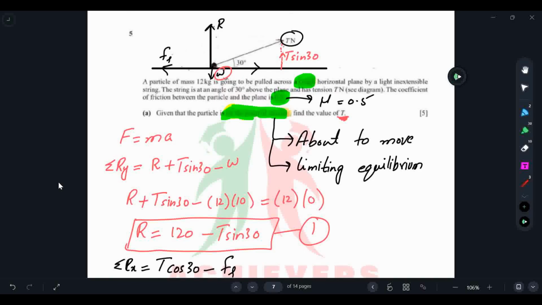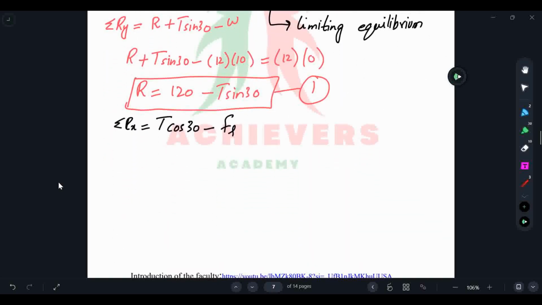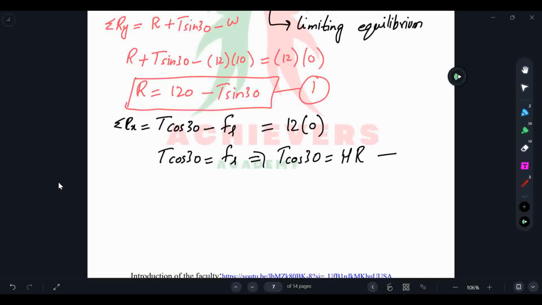We do not have any other horizontal components. The acceleration is 0, so we can write T cos 30 equals Fr, which means T cos 30 equals mu R. This will be equation 2.